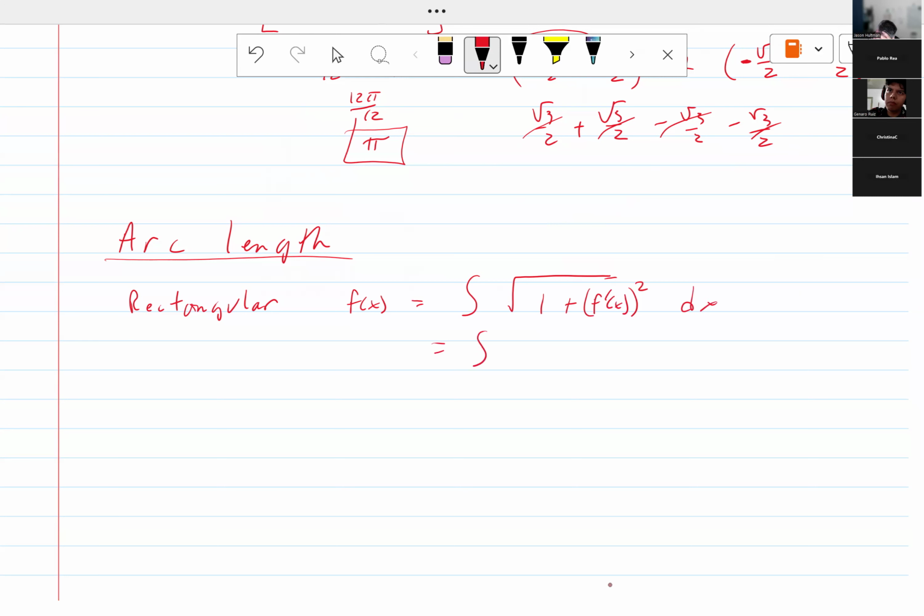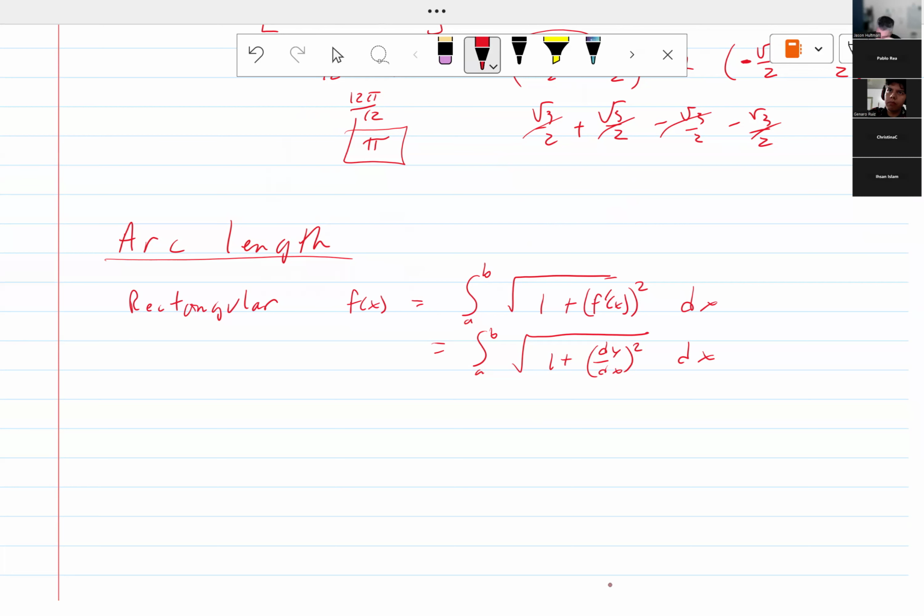I could rewrite that, from a to b, of the square root of 1 plus dy dx squared dx. That's my arc length formula from before, when we did arc length of just a function of x.